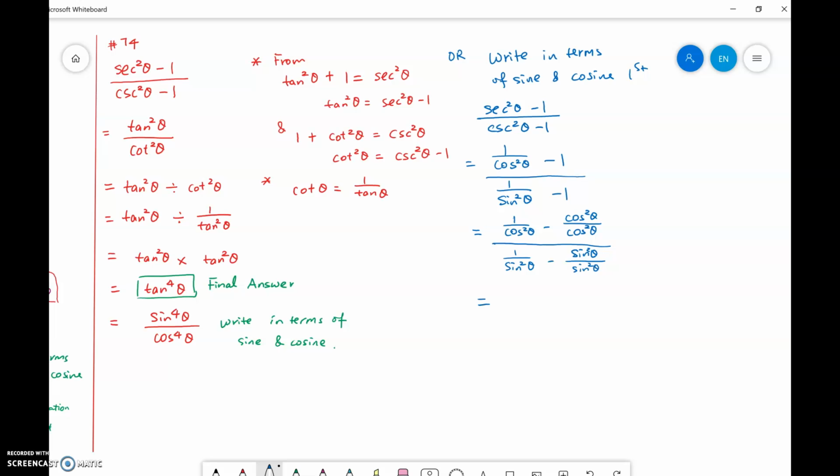Subtracting the fractions, keep the denominator the same and just subtract the numerators. From the Pythagorean identity, I'm going to write it here, sine squared theta plus cosine squared theta equals 1.